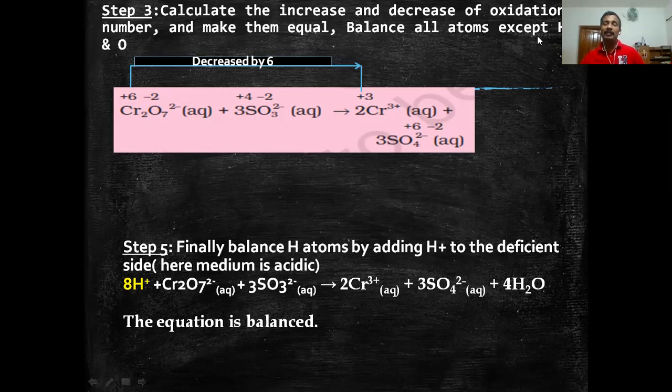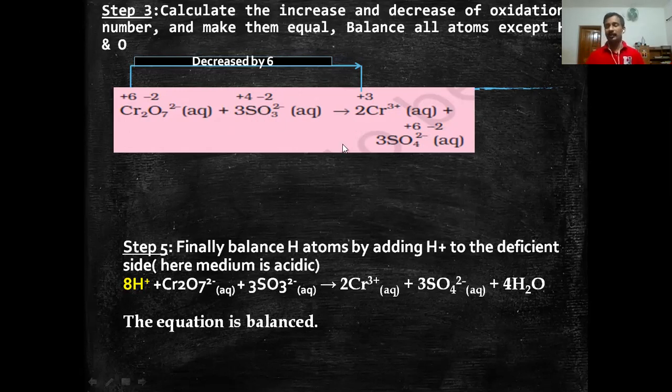You have to find the decrease in oxidation number and the increase in oxidation number and make them equal. When SO3 2- changes to SO4 2-, the increase in oxidation number from 4 to 6 is 2.